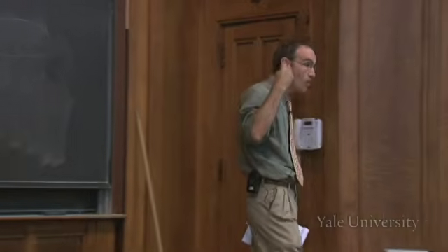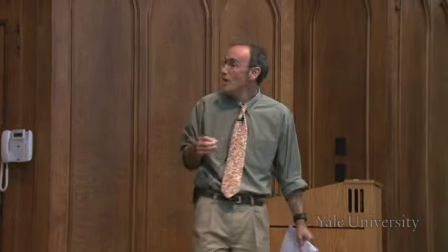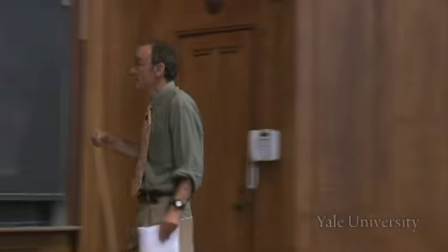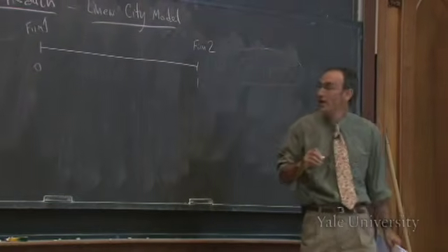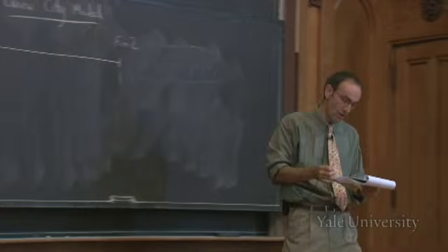This is what you're going to do in the homework assignment, but you could also imagine firms sitting somewhere between 0 and 1, and we could do a more general job if we wanted to. But for now, let's assume one firm has its shop at one end of the town, and the other has its shop at the other end.